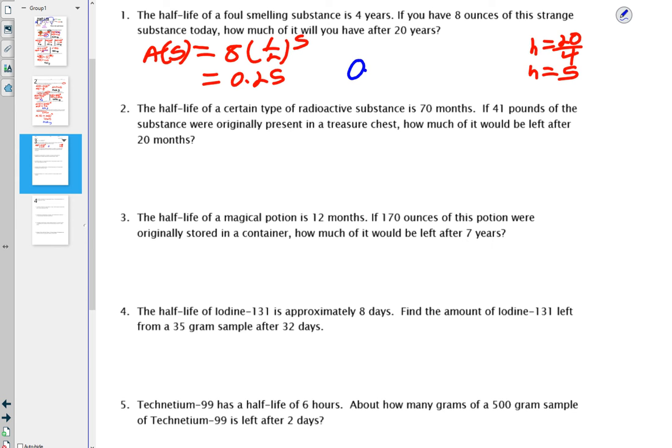So there will be 0.25 ounces of that strange substance. And you got the same thing? We always want to check with Ann.